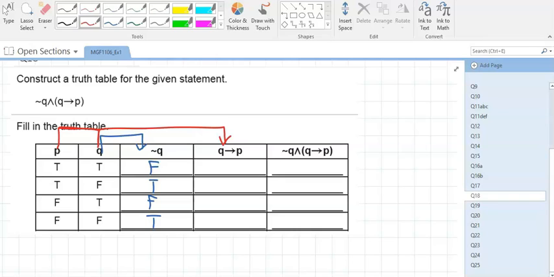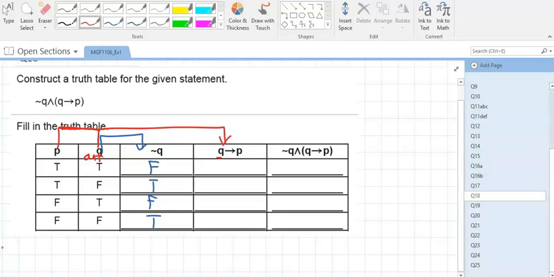So it is only false when the antecedent is true, the consequent is false. Again, you are only false when the antecedent is true and the consequent is false. Who is the antecedent? The P or the Q? The Q, because it comes before the arrow. So I'm going to put ant by Q, because it is the antecedent.